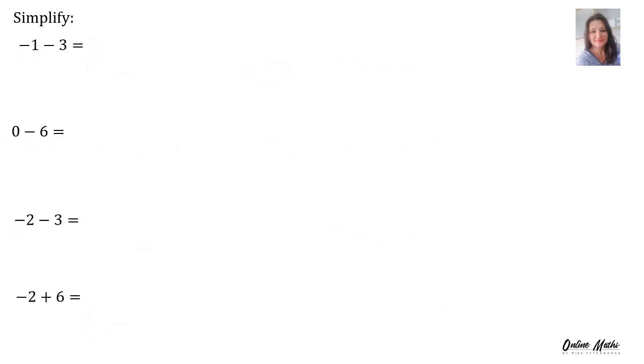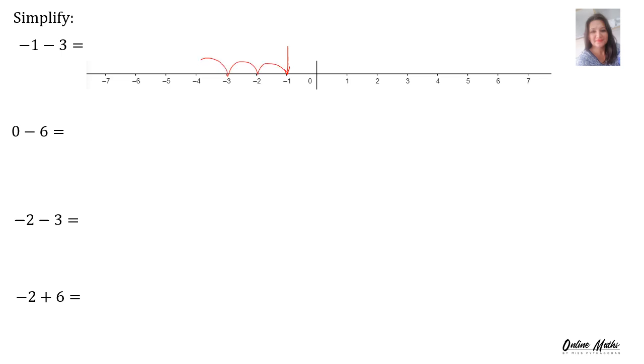On this slide, minus 1 minus 3. So this one, you will start at minus 1, and then minus 1 minus 3 means go 3 units to the left. So 1, 2, 3, the answer negative 4.